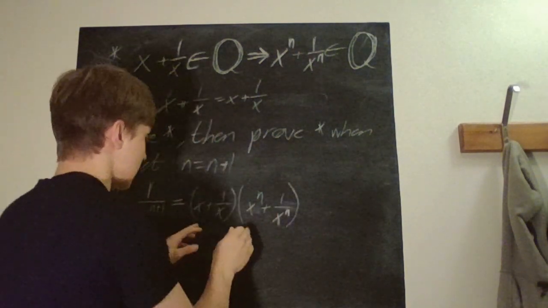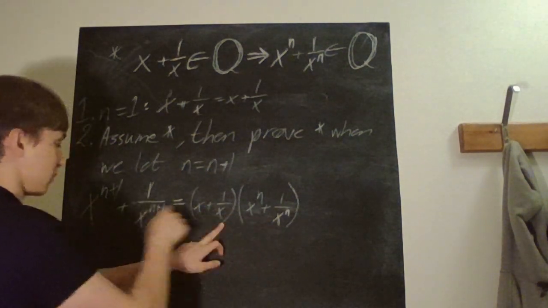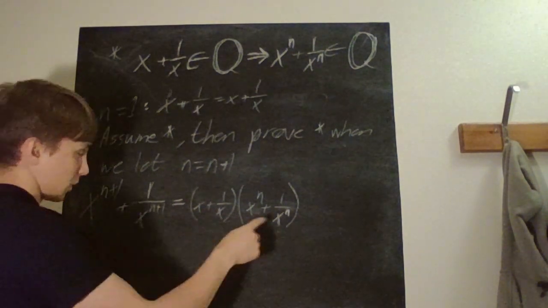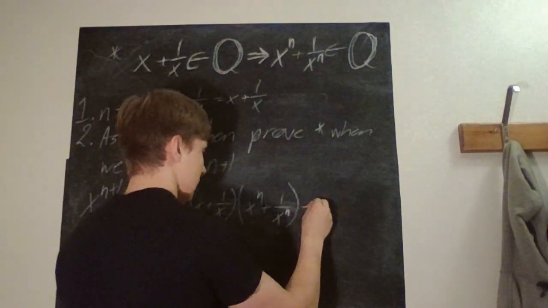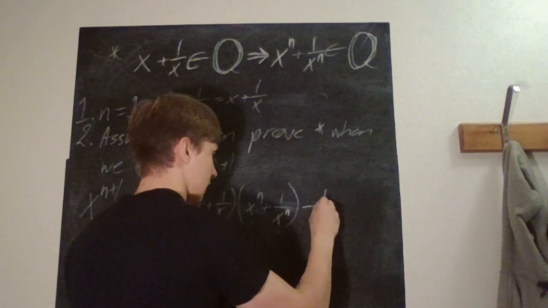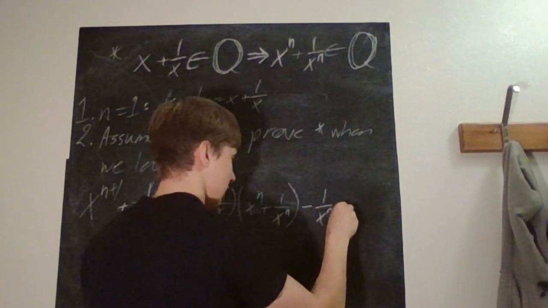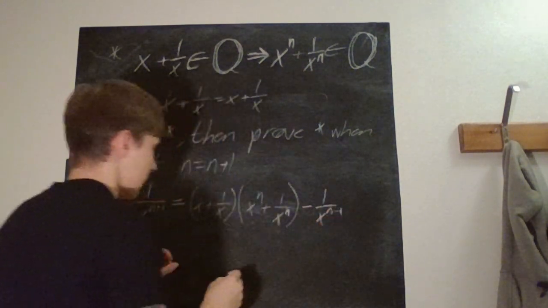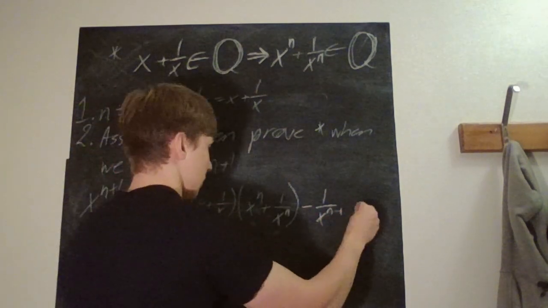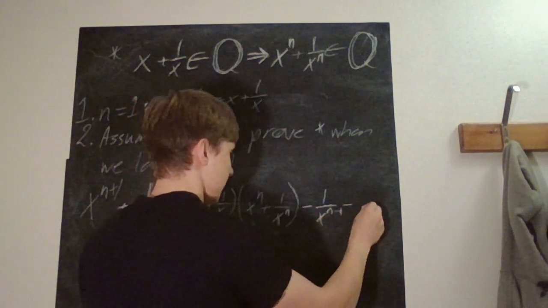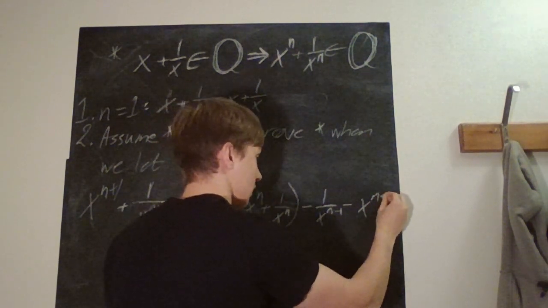This would give us x to the power of n plus 1, but what else do we get? We have to take minus 1 over x to the power of n minus 1, and then we also have to subtract x to the power of n minus 1.